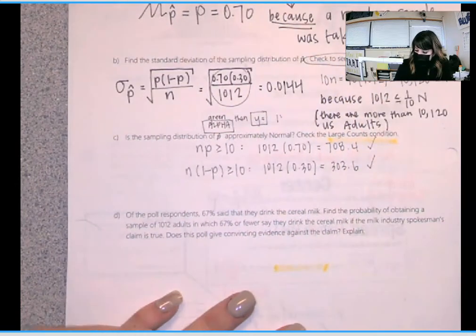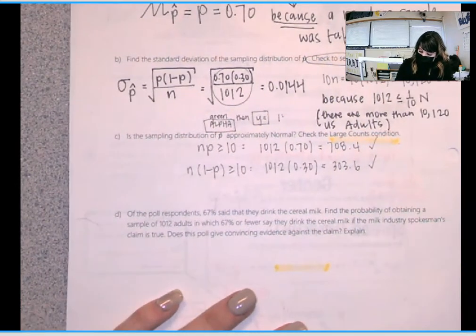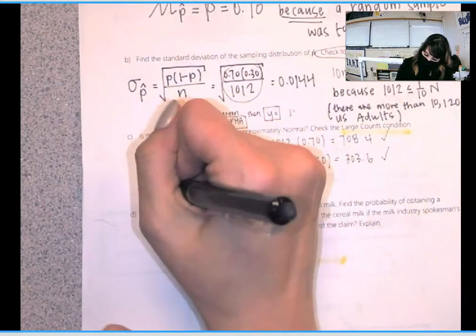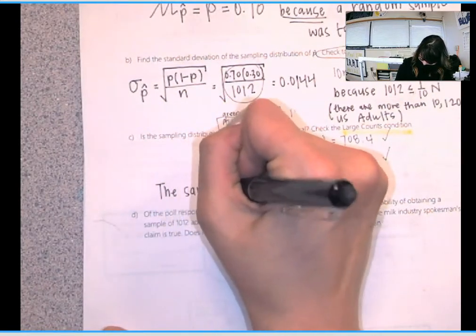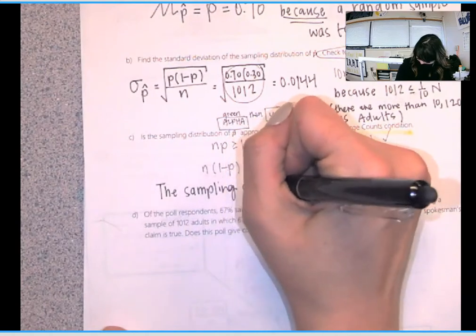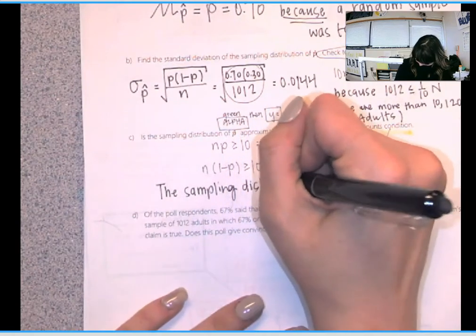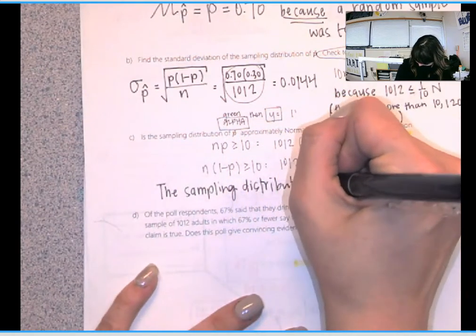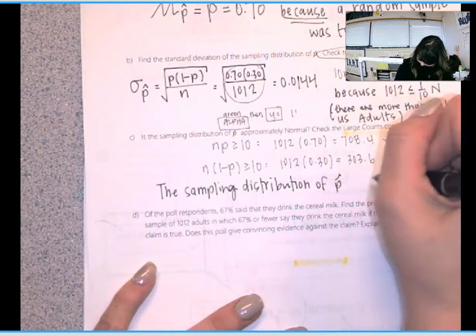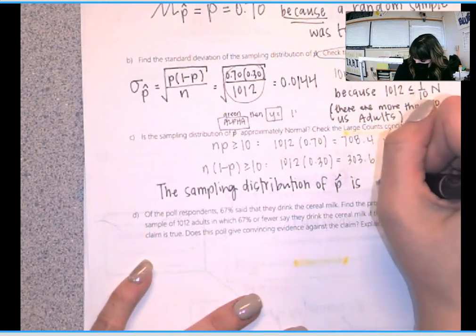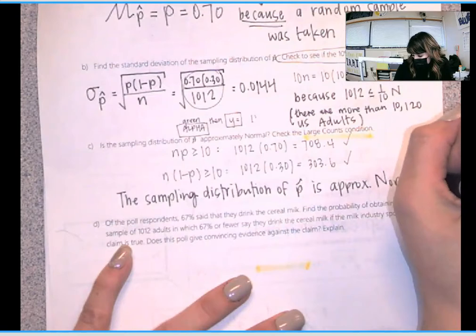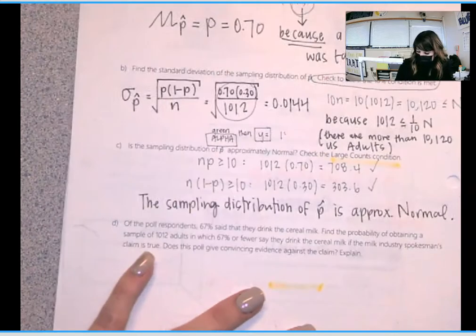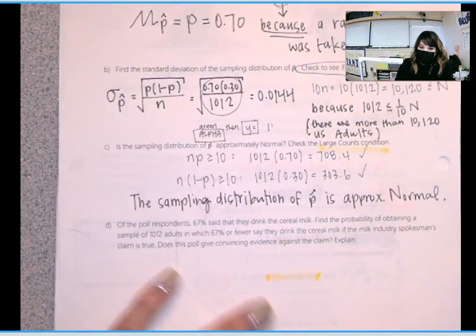So that is satisfied. So we can say the sampling distribution of p hat is approximately normal. And you could flip these.